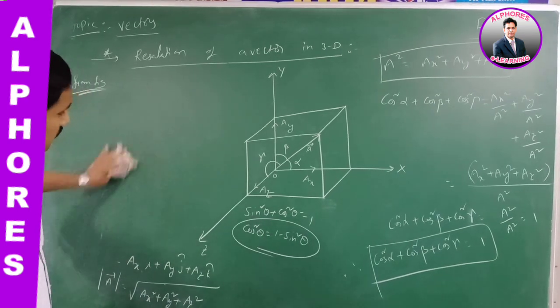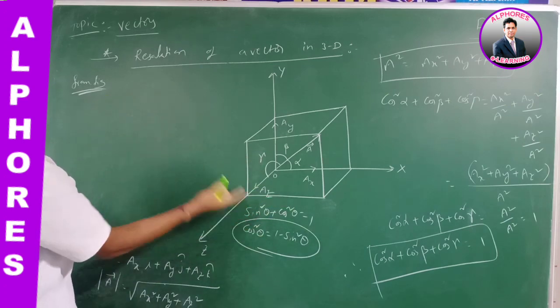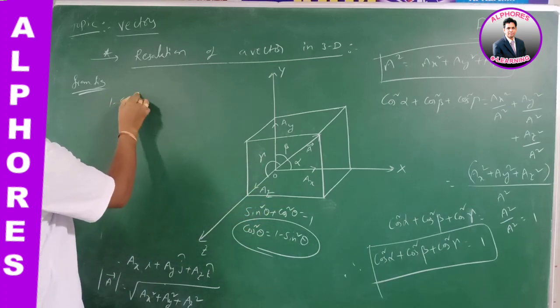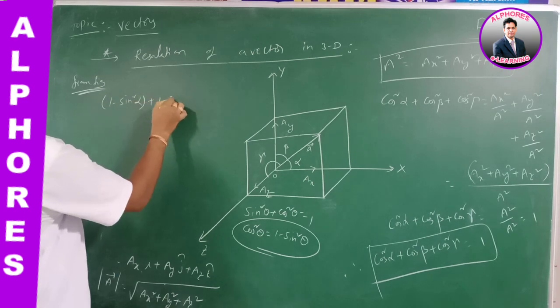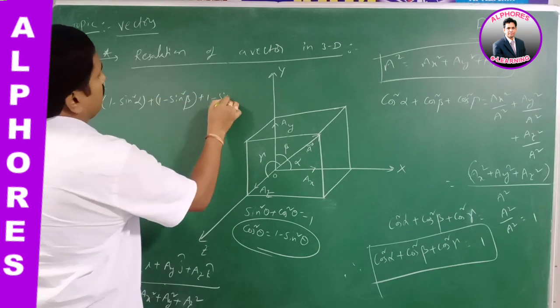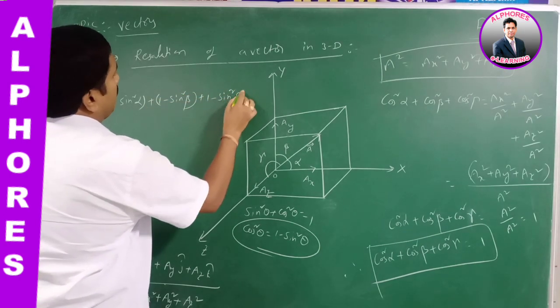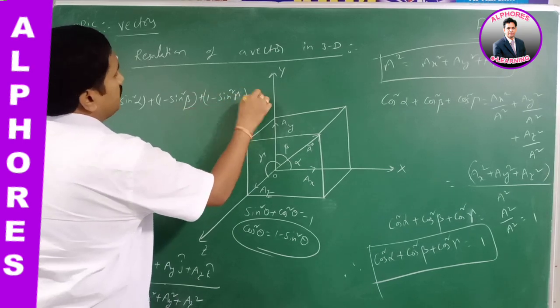It can be rewritten using cos square alpha as 1 minus sin square alpha, plus 1 minus sin square beta, plus 1 minus sin square gamma, which is equal to 1.